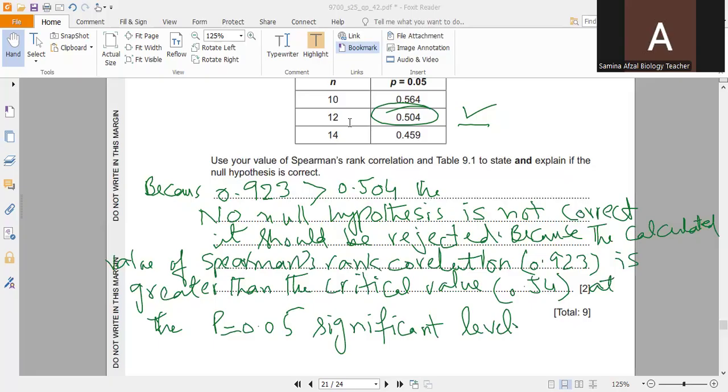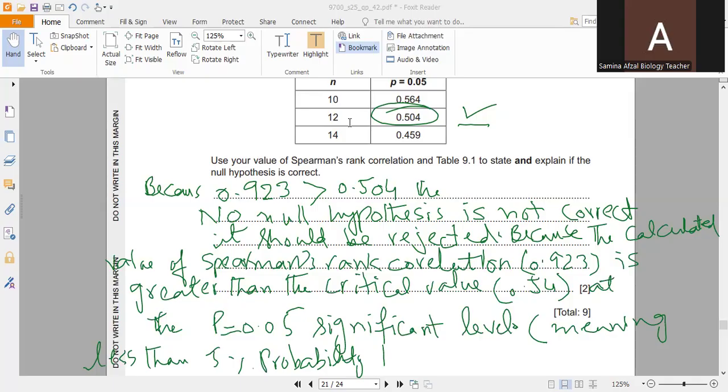It means there is less than 5% probability that it occurred by chance.